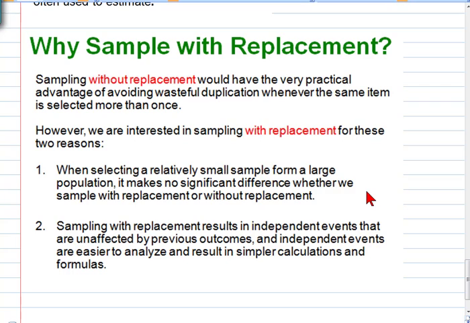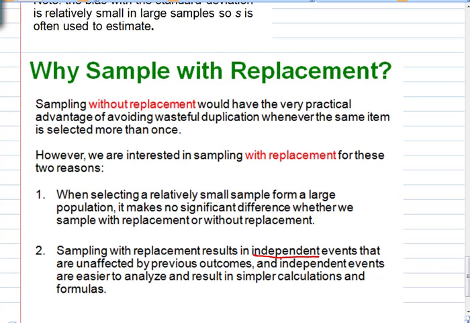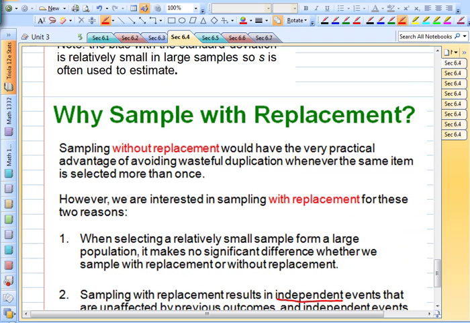But sampling with replacement results in independent events that are unaffected by previous outcomes. This makes the calculations and formulas easier. We want independence. Independent is a good thing. It makes calculating probabilities easier. And this wraps up 6.4. 6.4 is just laying the groundwork for what's coming up in 6.5.